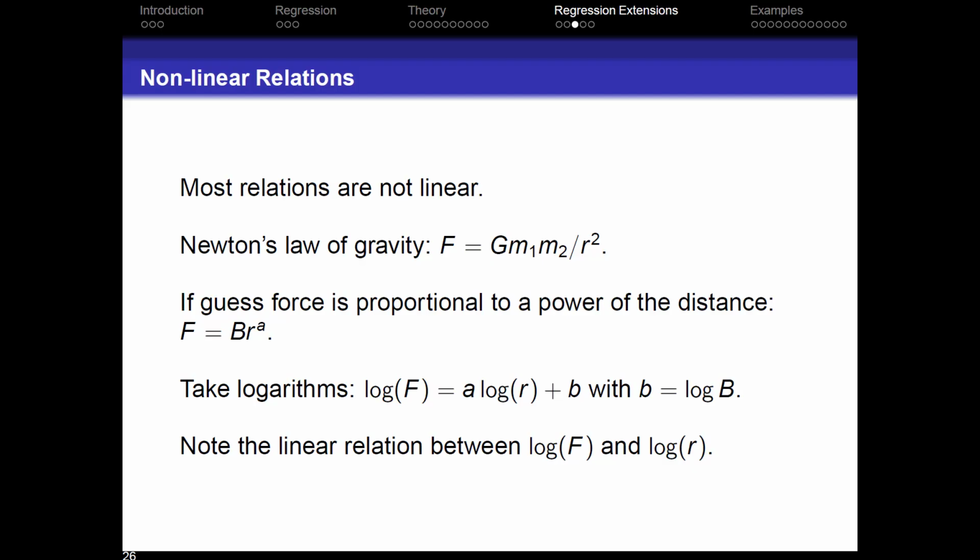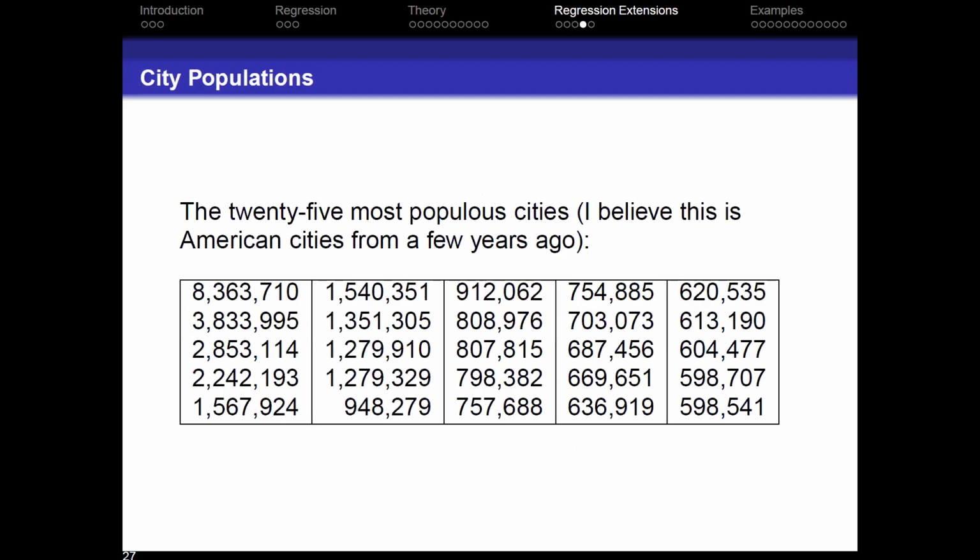So Kepler came up with 3 laws of motion. The first is planets travel in elliptical orbits with the sun as one of the foci. The second is if you draw a line from the sun to your planet, it sweeps out equal areas in equal time. And then the third, this is lovely, is, I believe, either the square of the period is proportional to the cube of the length of the semi-major axis, or I've mixed up my cube and my square.